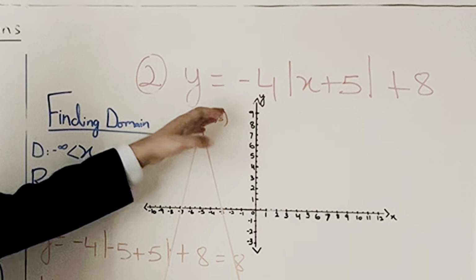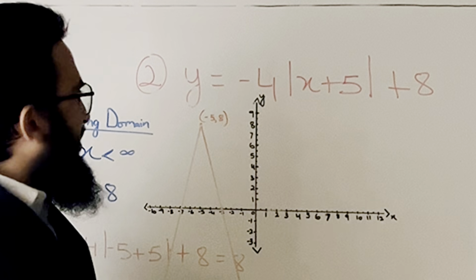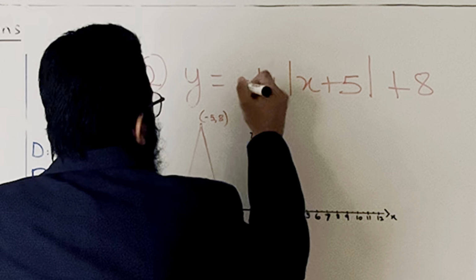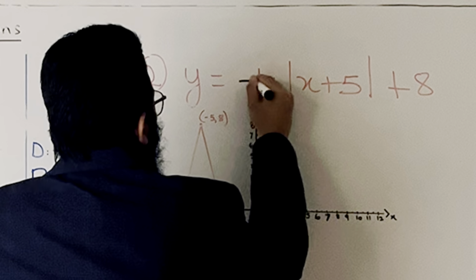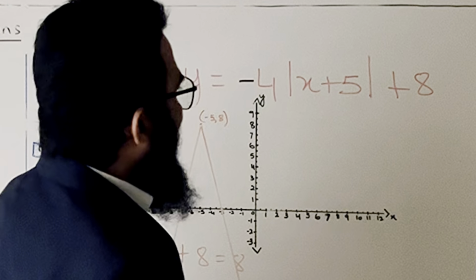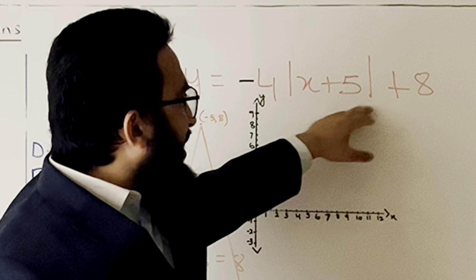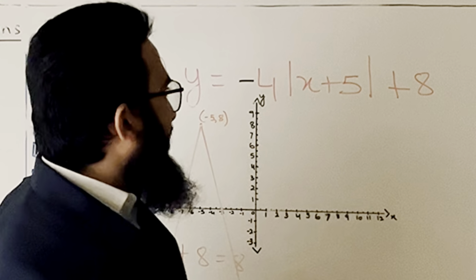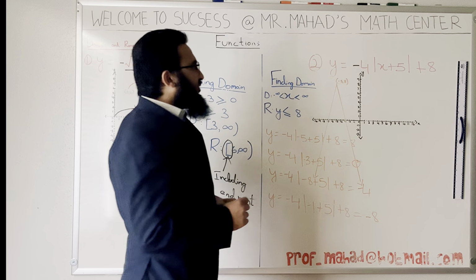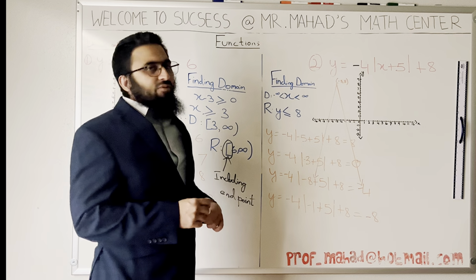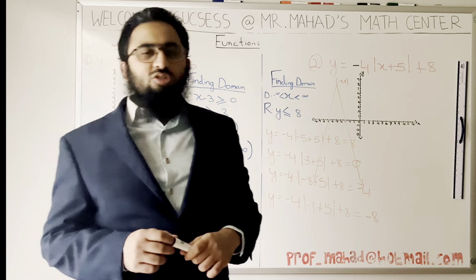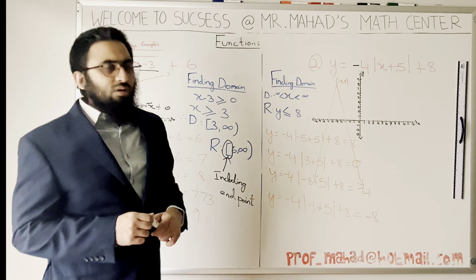y is equal to negative 4, this is a negative again, negative 4 multiplied by the absolute value of x plus 5, plus 8. Let's think about it: is there any value of x which is not possible to use?